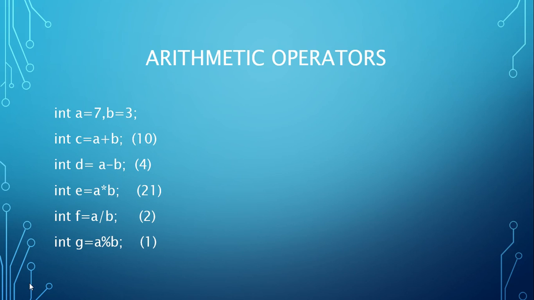So my first operation is addition, where I am adding the value of A and B, and the result is being stored in the variable C. So when I add A and B, the answer would be 10, which is stored in the variable C. Again, C is of the same data type.